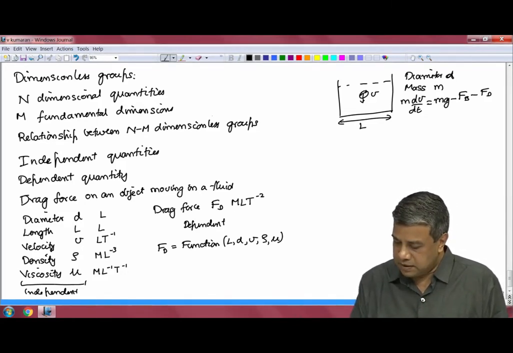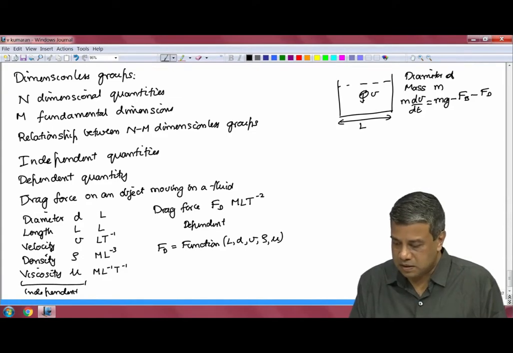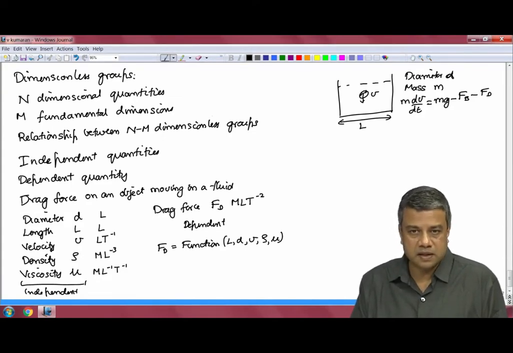You can see that there are 5 independent dimensional parameters, one dependent dimensional parameter, and they all depend upon 3 dimensions, mass, length and time. Therefore, you should be able to reduce them to just one dimensionless independent parameter.